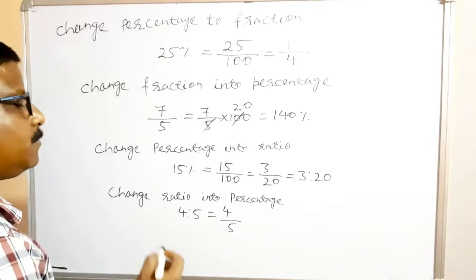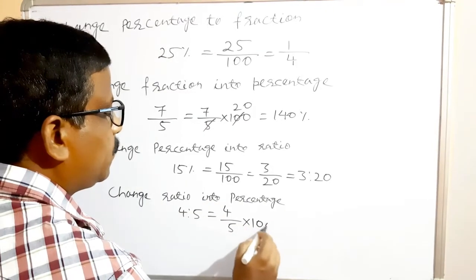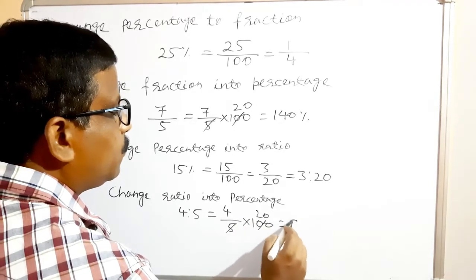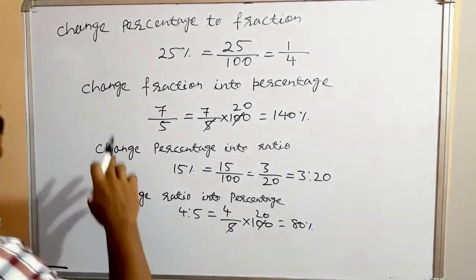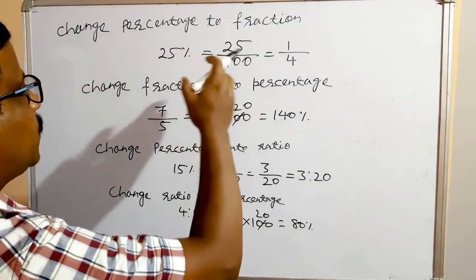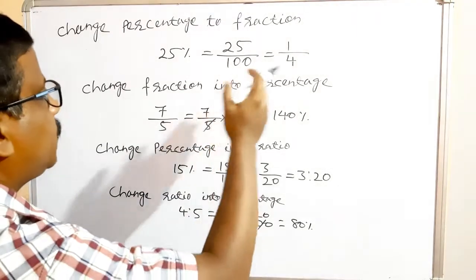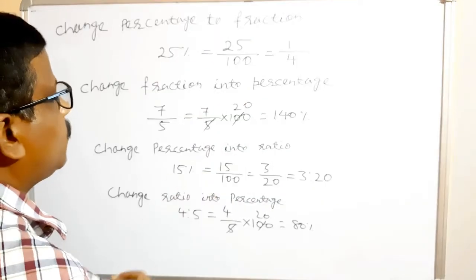To change into percentage, anytime we change to percentage, we multiply by 100. So 5 cancels 20, into 4 is 80%. So understood how to convert percentage into fraction? When percentage is converted into fraction, divide by 100. When fraction is converted into percentage, you multiply by 100.